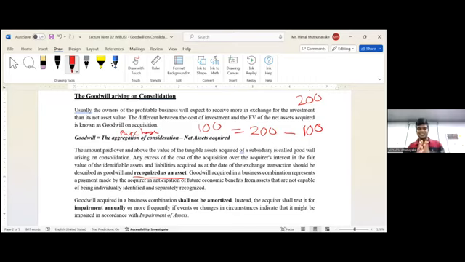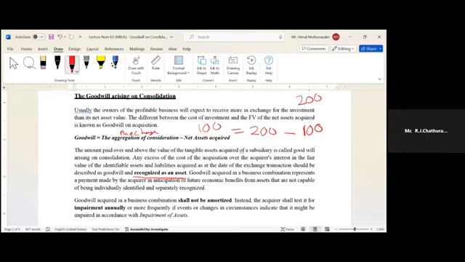For now, just remember that you need to recognize the externally generated goodwill in your financial statements as an asset, test it for impairment annually, and it is not amortized. Is it clear? Yes, sir. Okay.